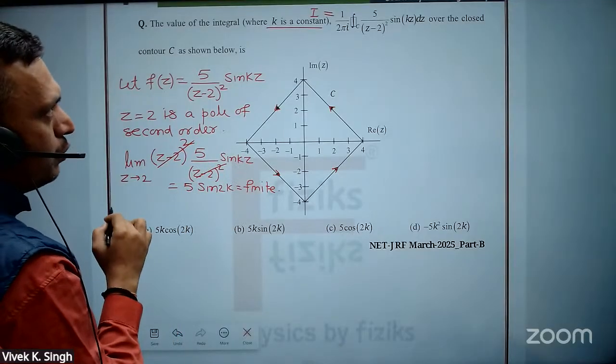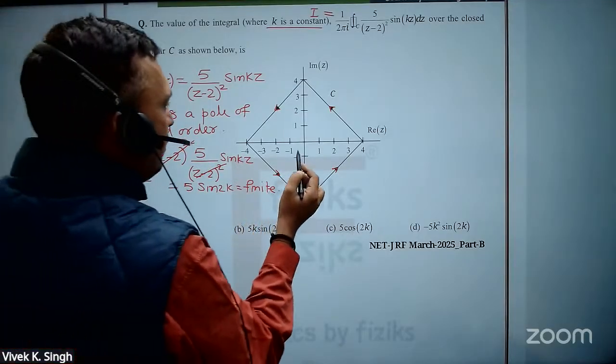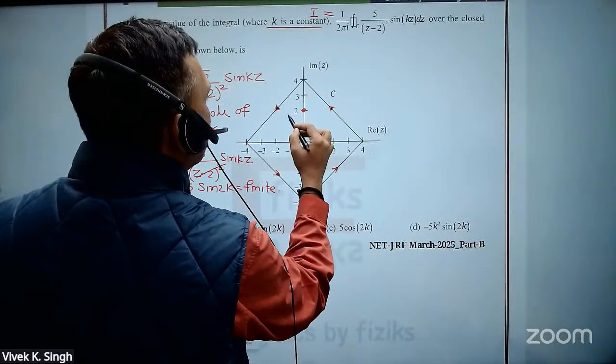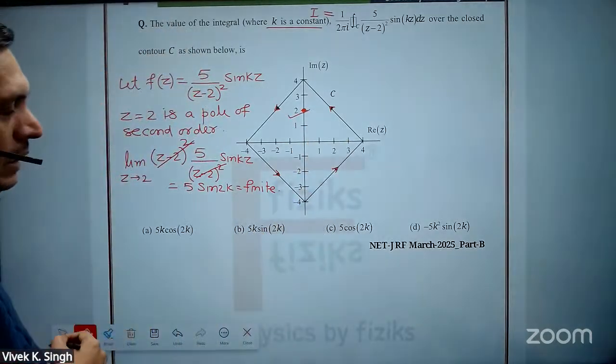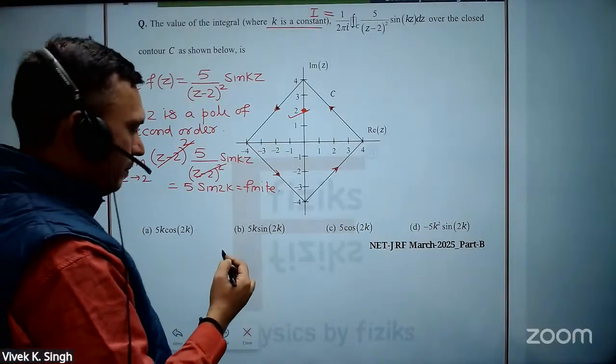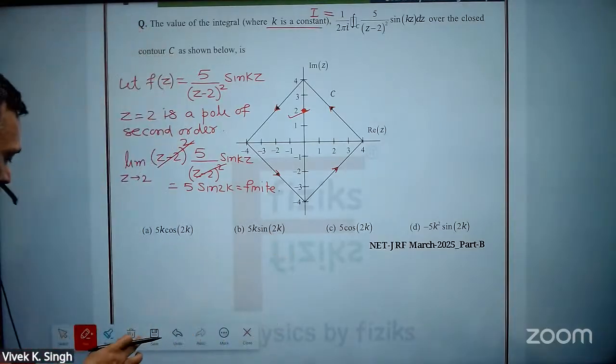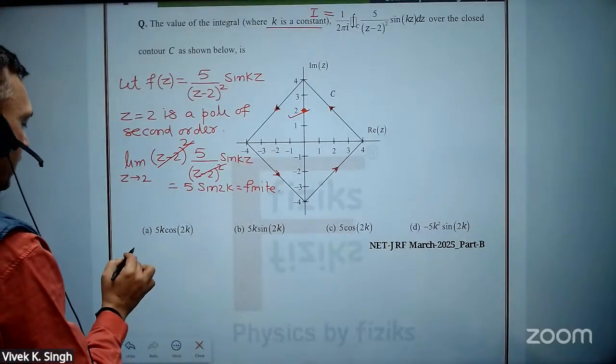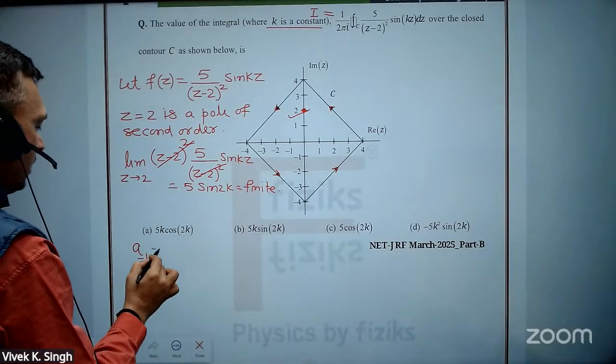So now we can use the residue theorem and just see where z equal to 2 lies. z equal to 2 lies inside. So use the residue theorem and find the residue of the function. What will be the residue of the function at z equal to 2?